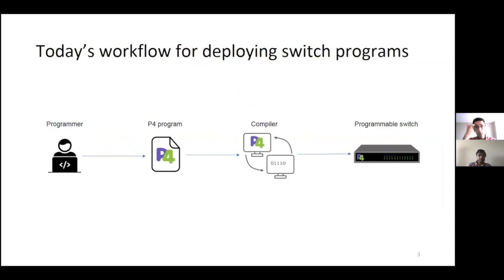But the workflow for deploying a switch program is the same for all of these applications. Programmers start writing their program in P4, then they compile it and put it in the programmable switch, and they put the programmable switch under test.